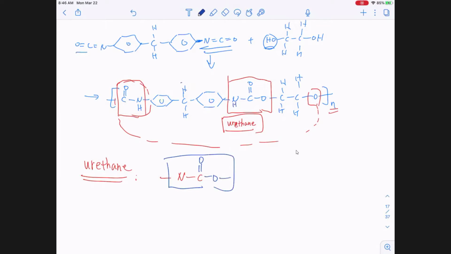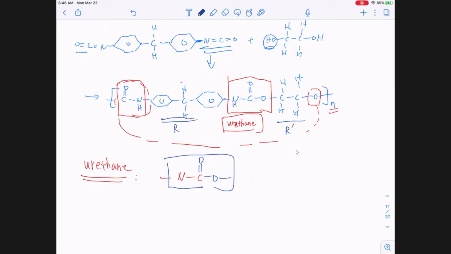That's the urethane group. And you can control this one. For example, if I remove the benzene group, we can tune the hardness to a little bit soft. We can elongate this one to increase the stiffness.